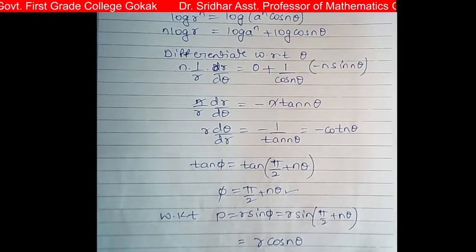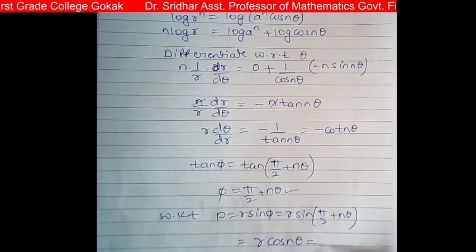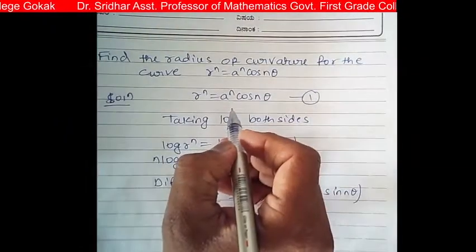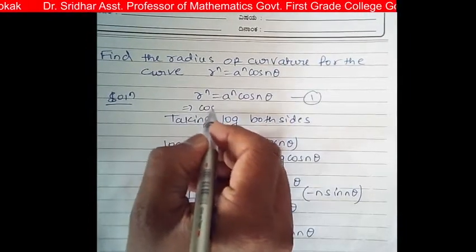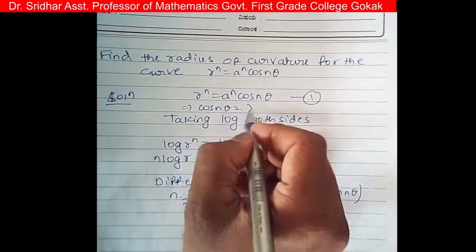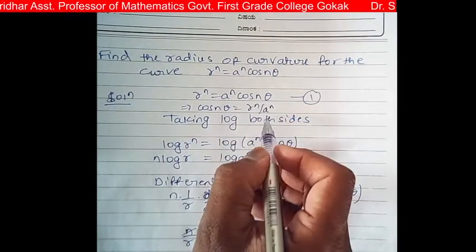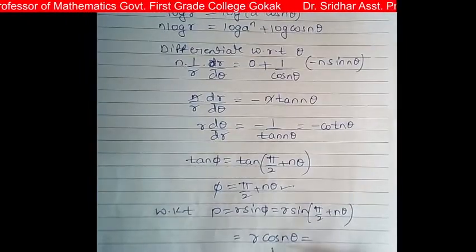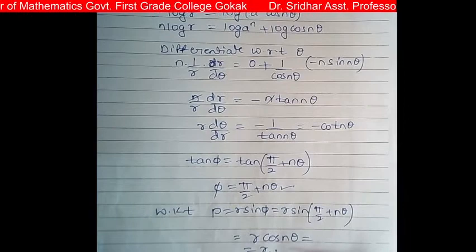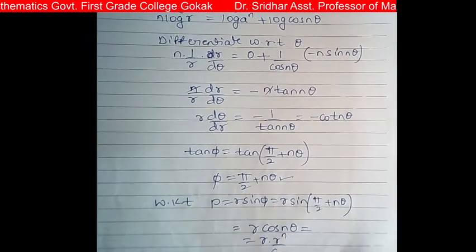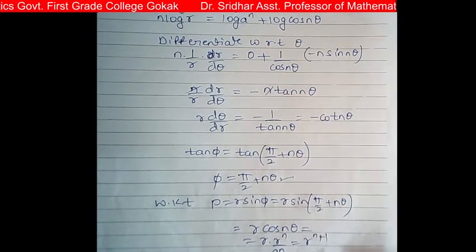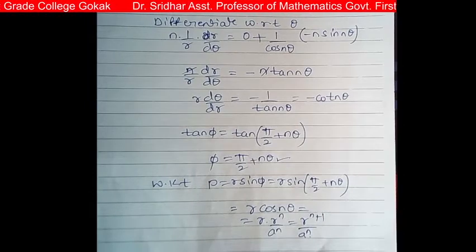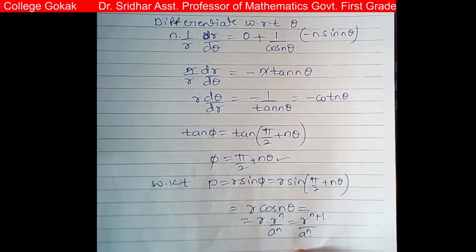Now from equation 1, cos n theta can be written as r raised to n by a raised to n. So substituting this value of cos n theta, we get r into r raised to n by a raised to n, which is equal to r raised to n plus 1 divided by a raised to n.